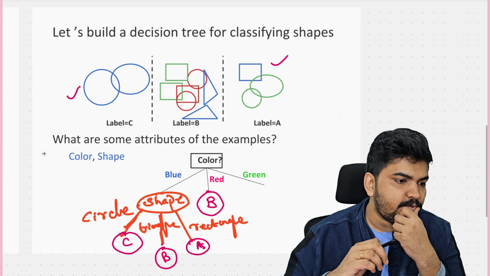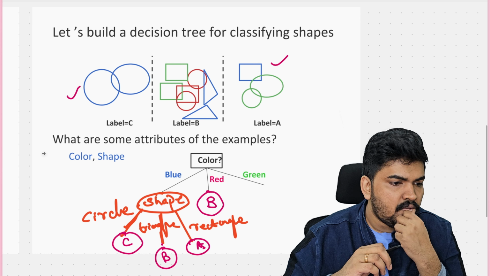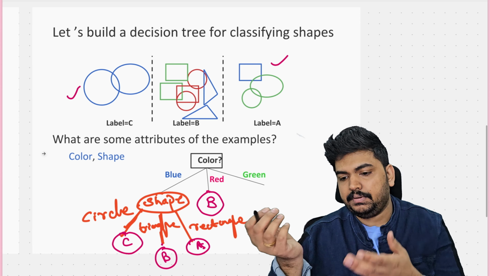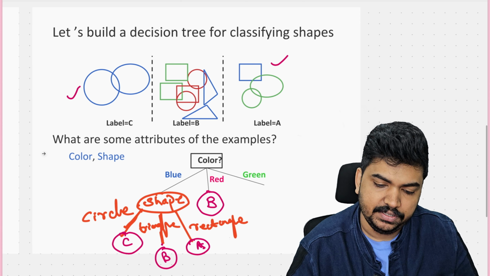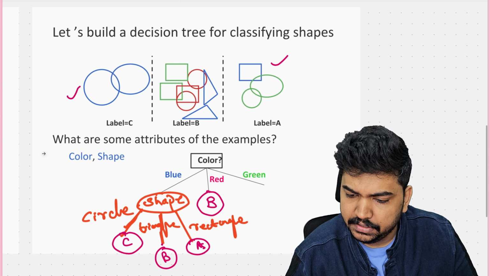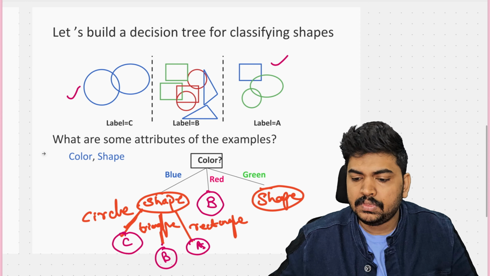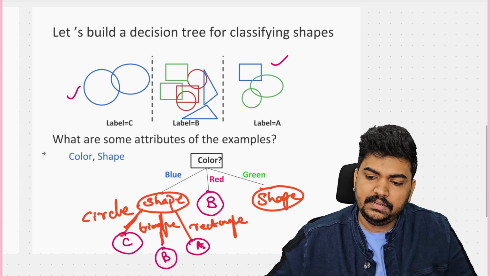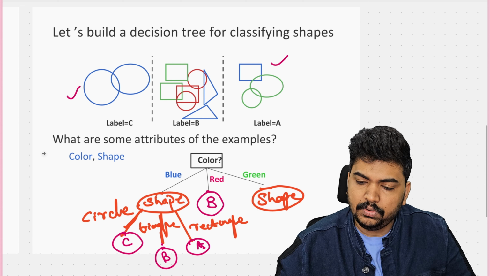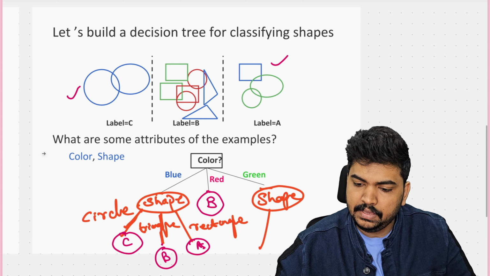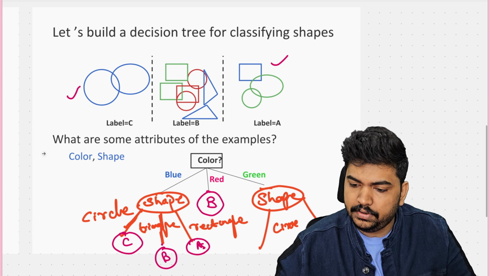Now let's do the same for the color green. In color green also, again, we only have one feature, which is the shape feature, right? So in the green, I happen to have only either a circle or a rectangle.